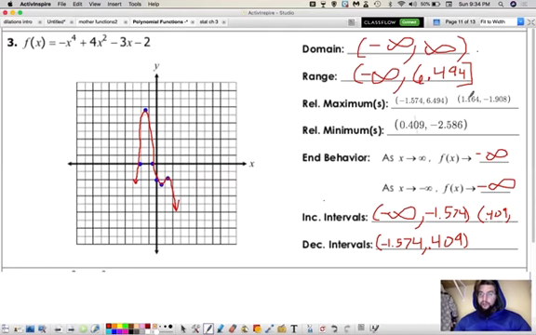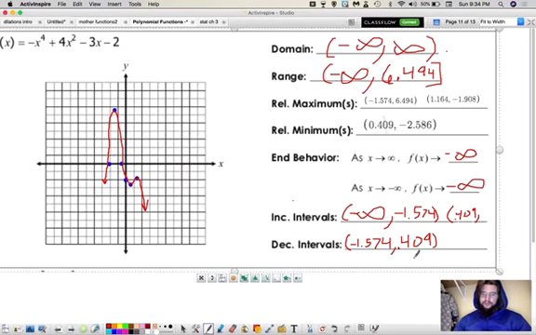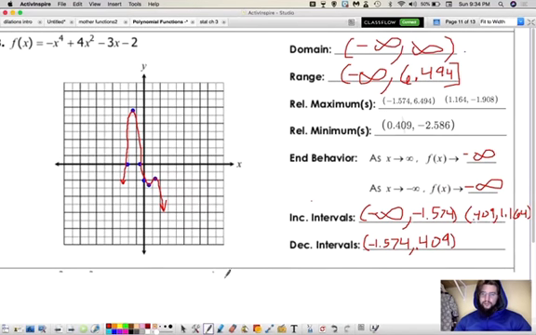Yeah, that number. Let's see if we can squeeze that in there. Cheat a little bit, move my paper over a little bit. Okay. And then I'm going down after that, the comma, 1.164, all the way to forever. I'm going down after that.